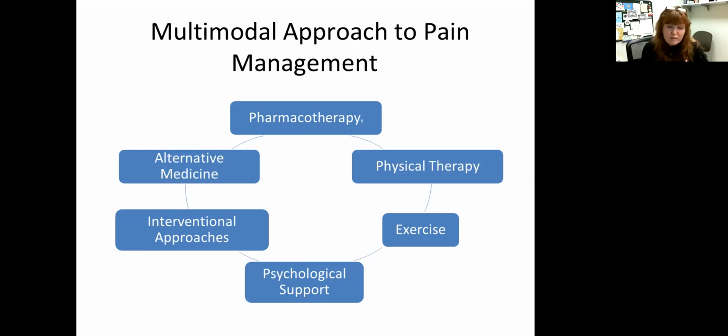Cognitive behavioral therapy and weight loss are both very effective or helpful in all types of pain. But for some of our patients that are old and can't get around as much, or don't have transportation, those at least historically have been a little bit more problematic to access. Yoga, Tai Chi, and exercise in general all have been shown to be helpful in pain management as well.